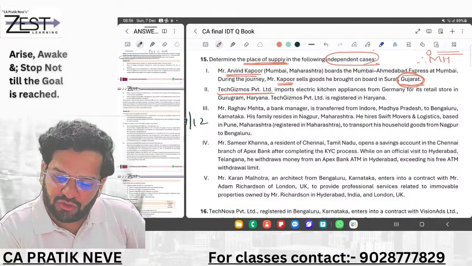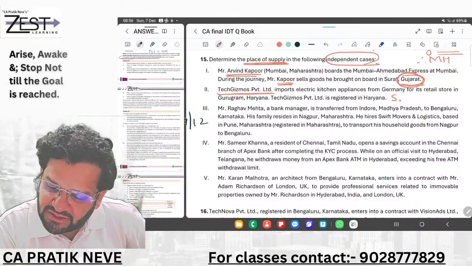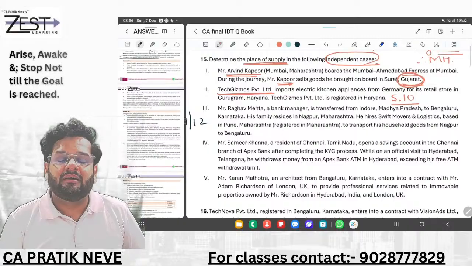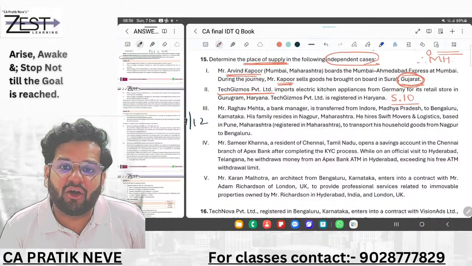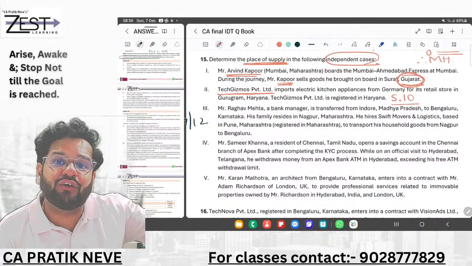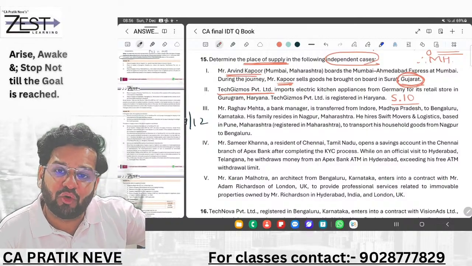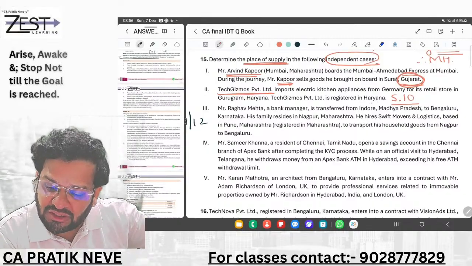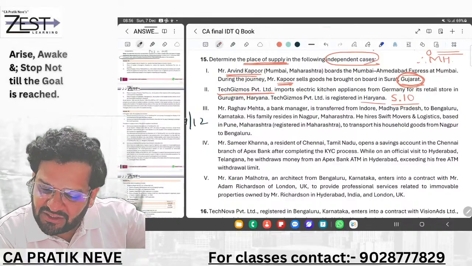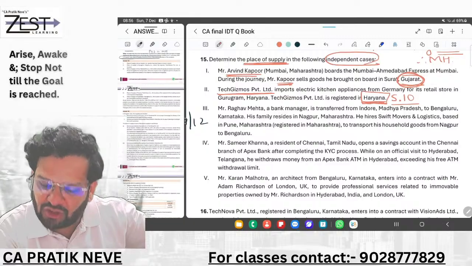This will be as per section 10, place of supply of goods in case of imports and exports. In case of imports, it is the location of the importer. It is registered in Haryana, so the place of supply will be Haryana.